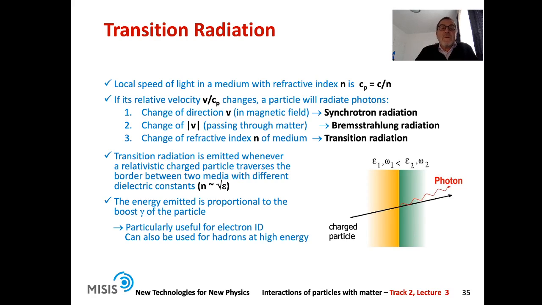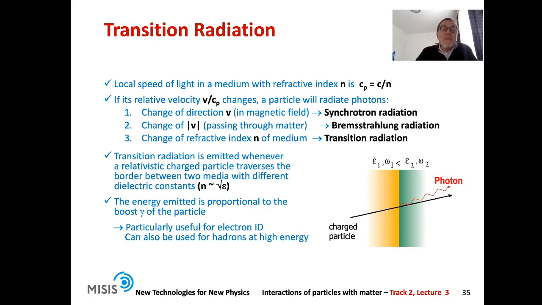If you change the direction of v in a magnetic field, for instance, you will produce synchrotron radiation. Change of modulo v passing through matter results in Bremsstrahlung radiation. And thirdly, change of refractive index of medium would produce transition radiation.